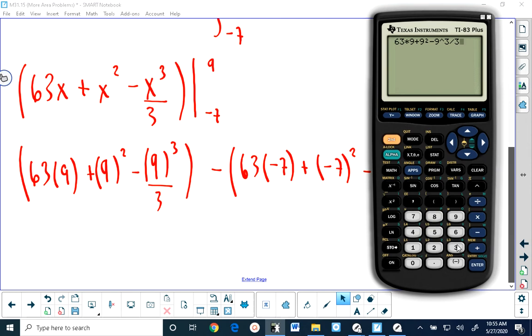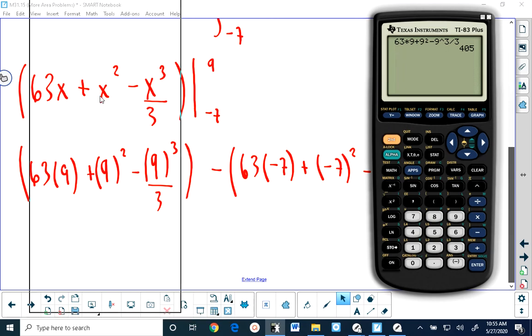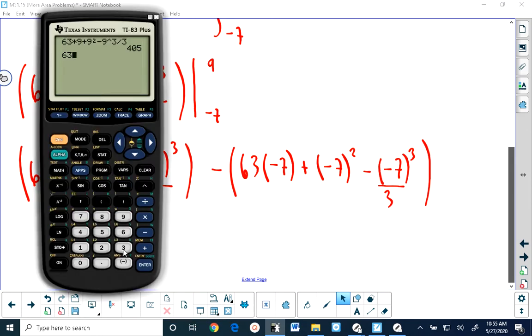I'm going to have to be careful with the -7 though. I get 405. Let's do the same thing now with the -7. 63 times -7 plus -7 squared minus -7 cubed over 3.